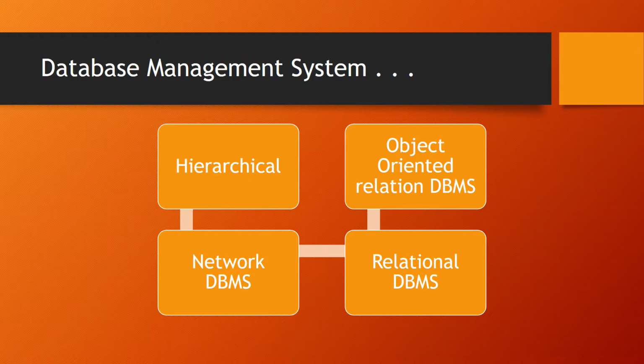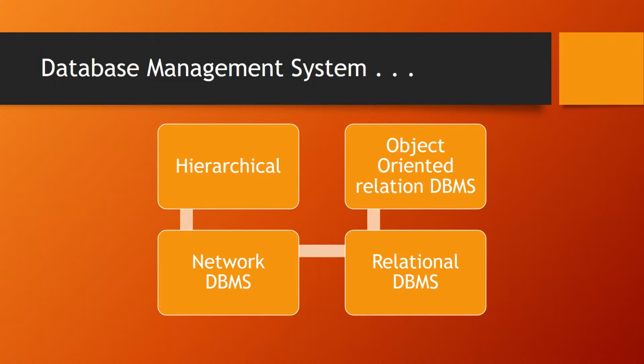Configuration settings are stored as tree structures. The next one is the network database management system. This type supports many-to-many relationships. This usually results in complex database structures. RDM Server is an example of a database management system that implements the network model.